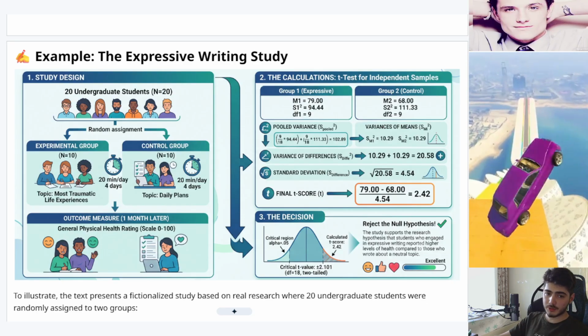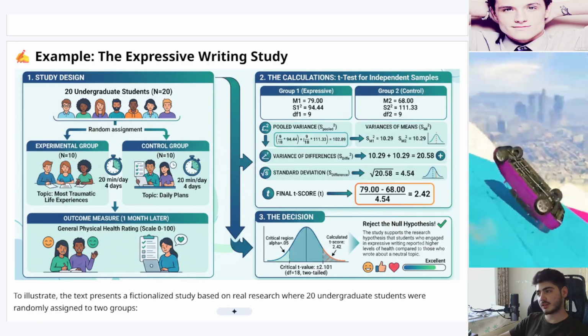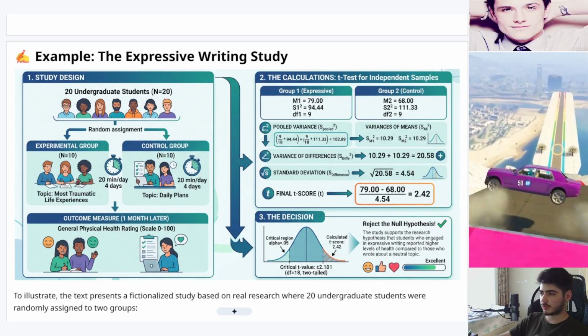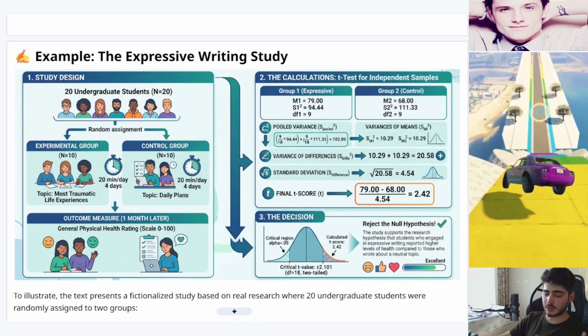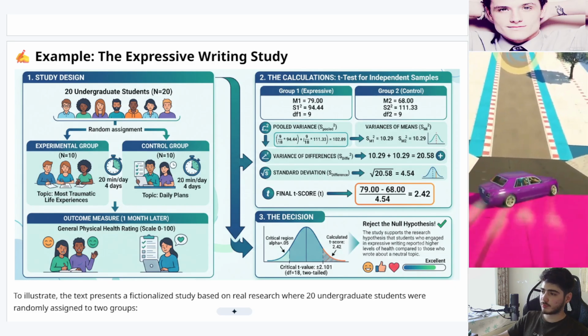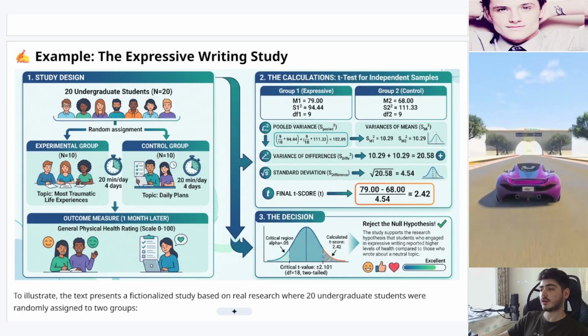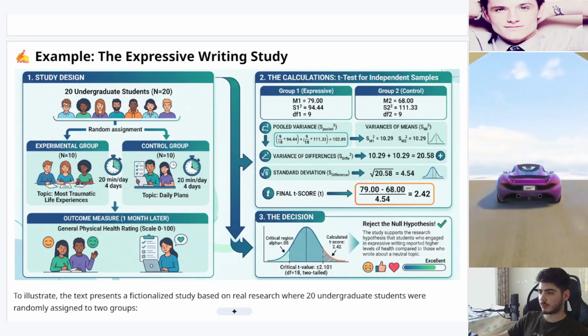Then we calculate our standard deviation by taking the square root of it, and that yields 4.54. The last thing to do is take the difference between the two means, which is 79 minus 68, divided by 4.54, which yields 2.42.